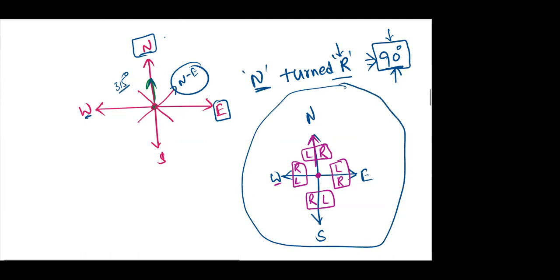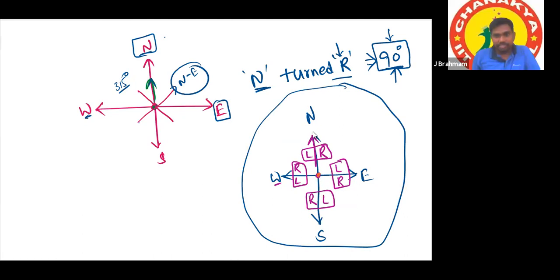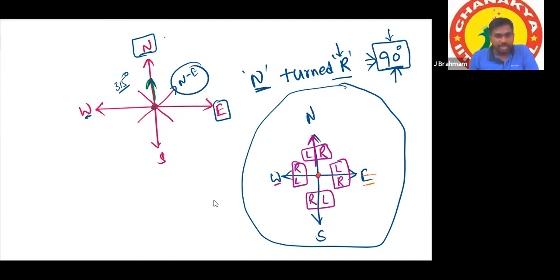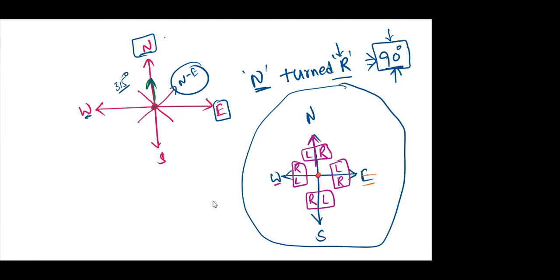If a person is standing at the origin and facing north, his right hand shows east, correct? Left hand shows west. If the person is facing south, right hand shows west.